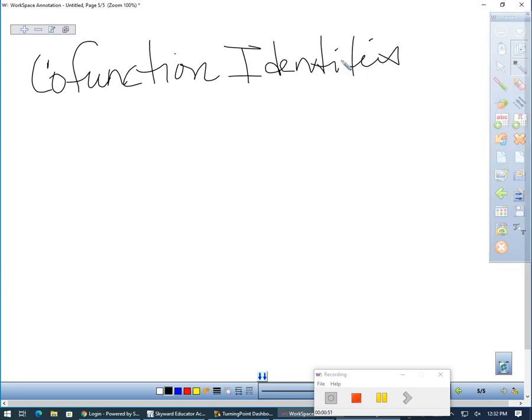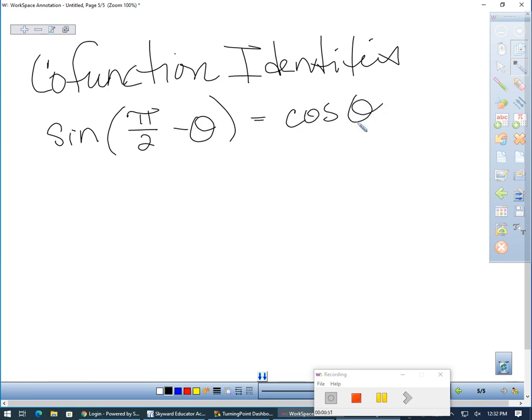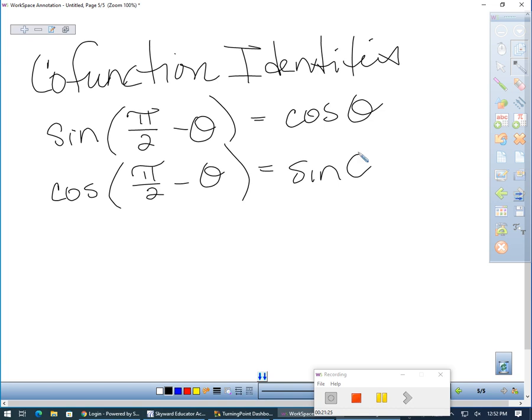All right, in co-function identities, if I have the sine of pi over 2 minus theta, that one equals cosine theta. That means they're interchangeable. All right. If I have cosine of pi over 2 minus theta, that's going to equal sine theta.